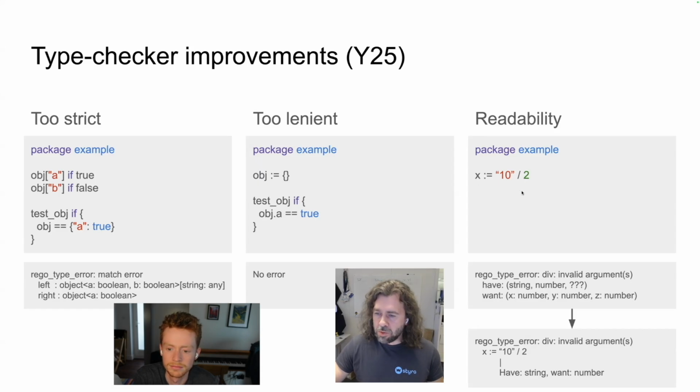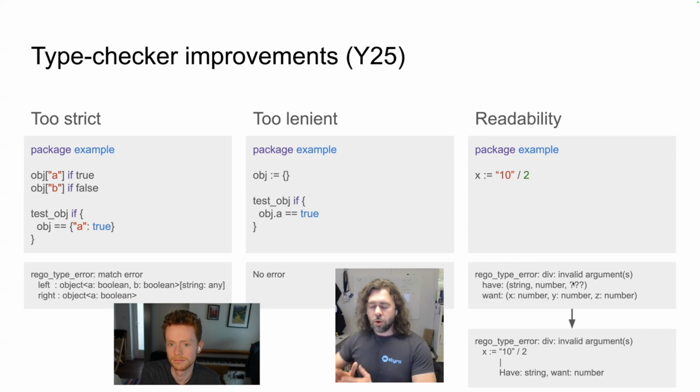And for readability, we have this example, for instance, where someone is trying to divide the string 10 by the number 2, which isn't allowed, and you get an error message. But there are a couple of issues here. One is you're using the division infix operator, but we're reporting on the div function. And we're reporting on the arguments coming into that function, which doesn't really correlate one-to-one to what the developer actually typed into their editor.